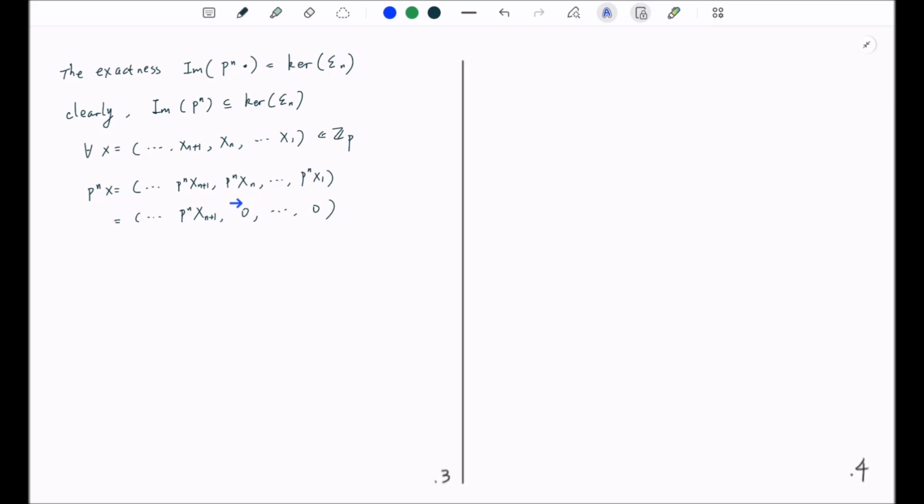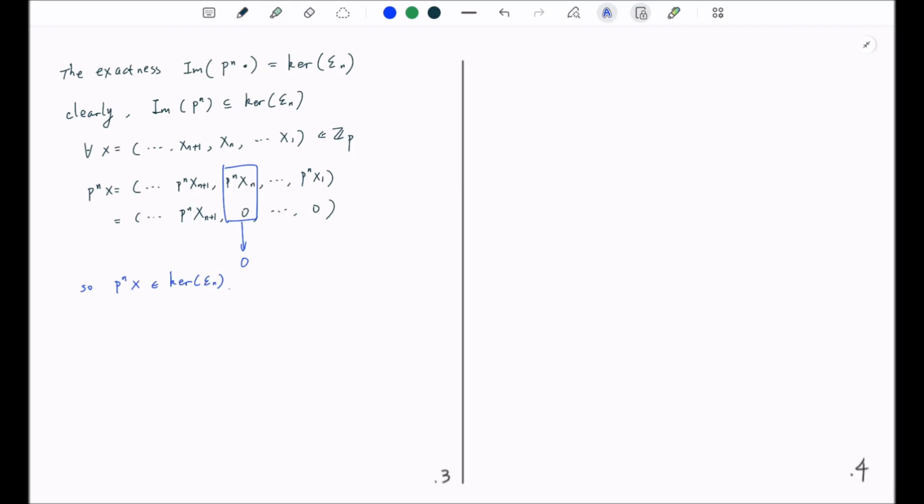So they automatically vanish in their corresponding components. And in particular, this will be projected to 0. So this element always lives in the kernel of epsilon_n.